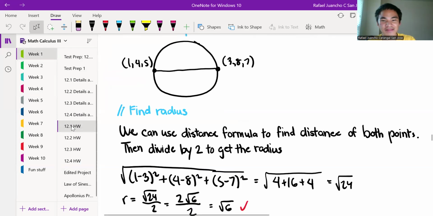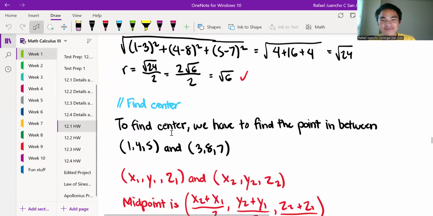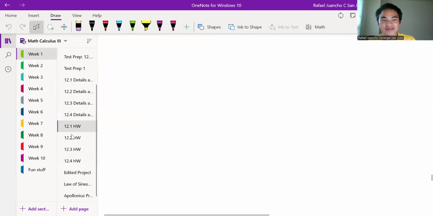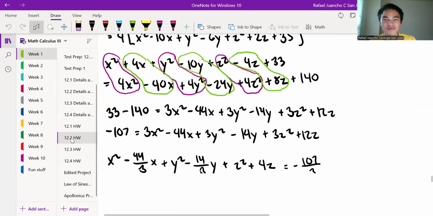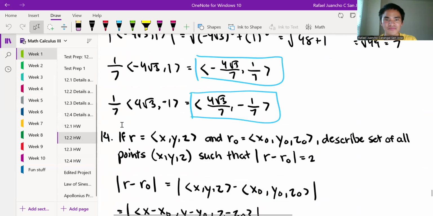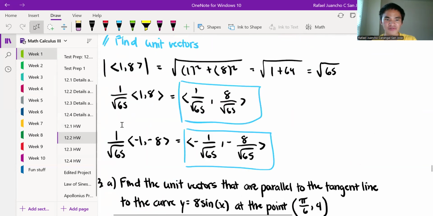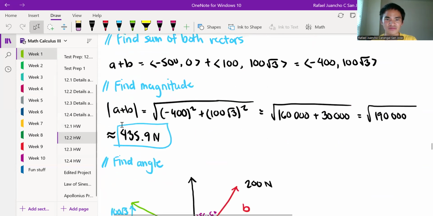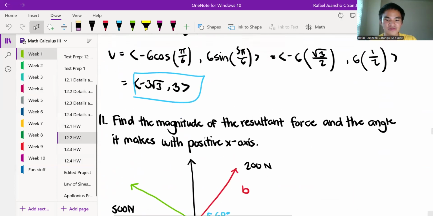We can do that distance formula, or maybe something from 12.2. It's really hard to pick problems here. So I'm just gonna go for one and see if I like it. Honestly, I'm just gonna go for one of them.